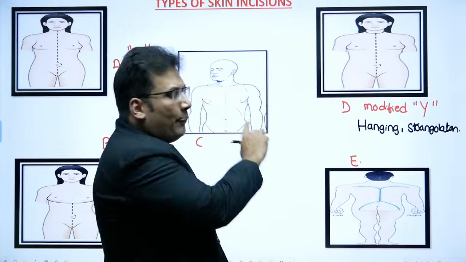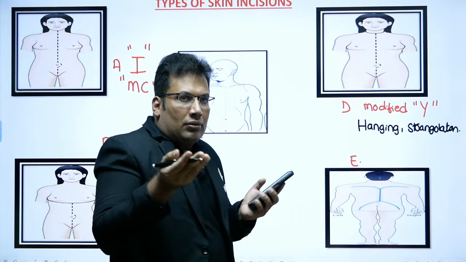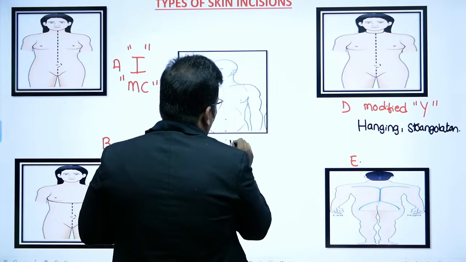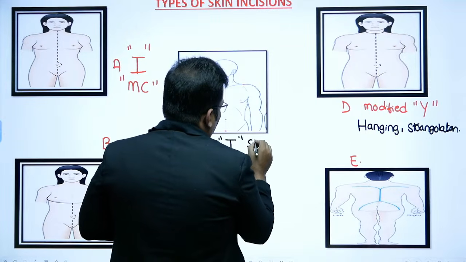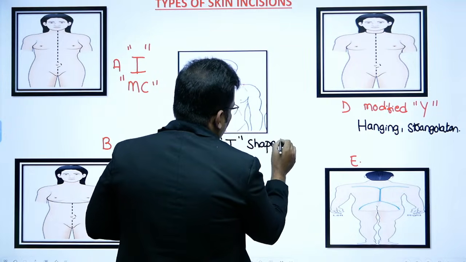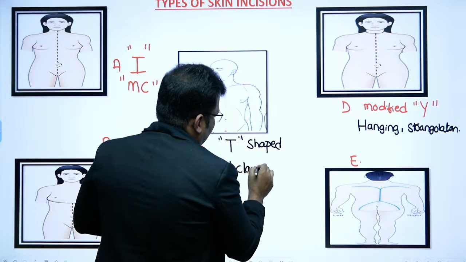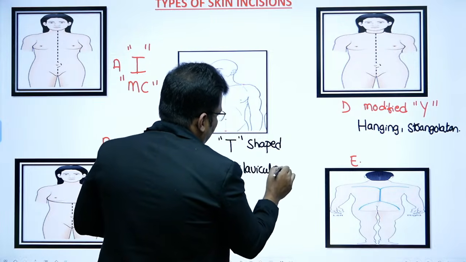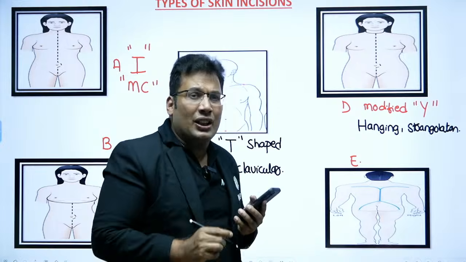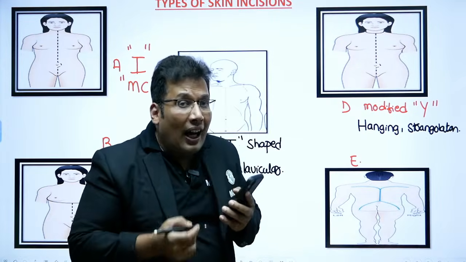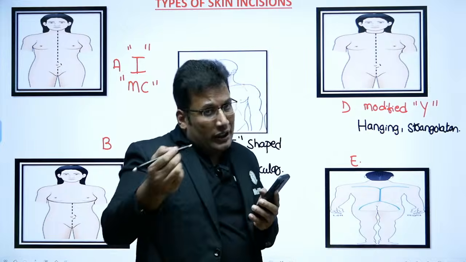Then this one, that is the subclavicular approach. So this is known as T-shaped incision. T-shaped, subclavicular. This incision is commonly done to visualize the carotid arteries and some related pathology.